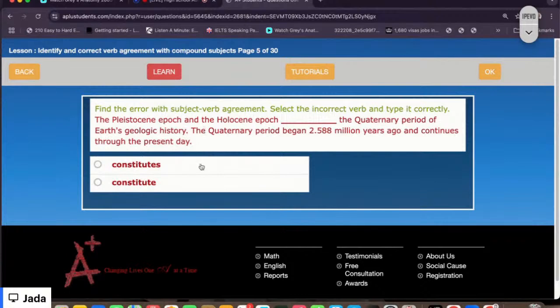Alright, so the Pleistocene age and the Holocene age dash the Quaternary period of Earth's geologic history. The Quaternary period began 2.588 million years ago and continues through the present day.